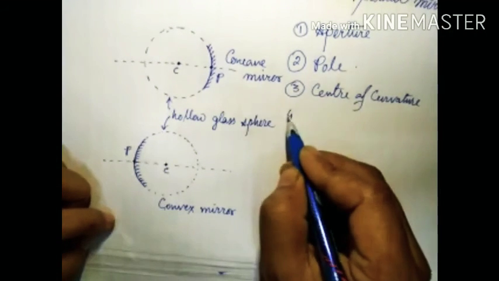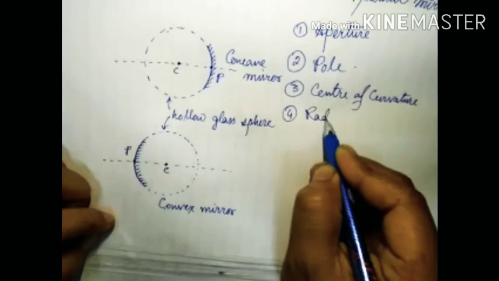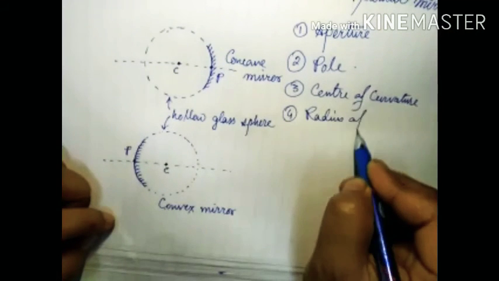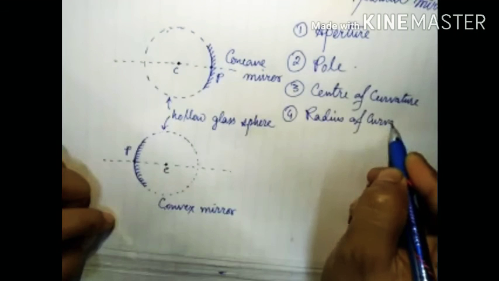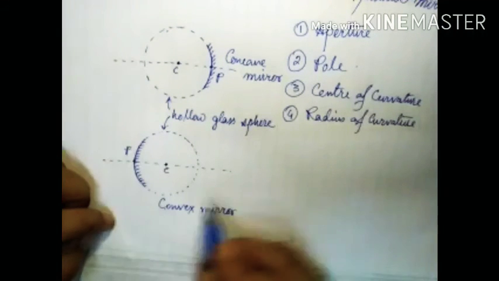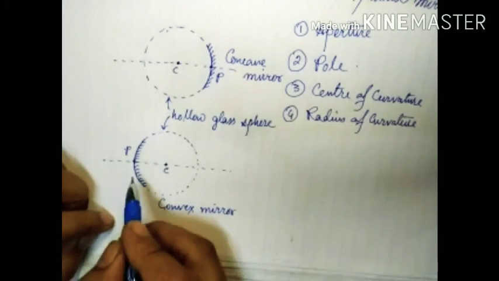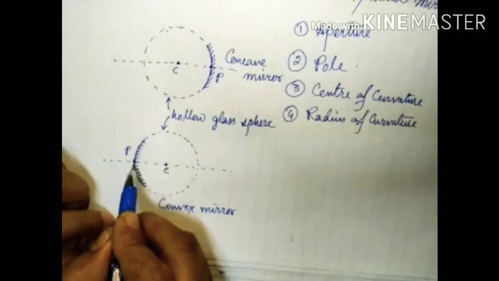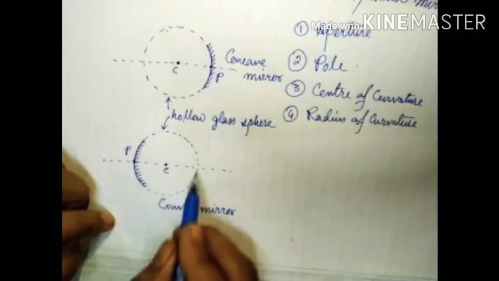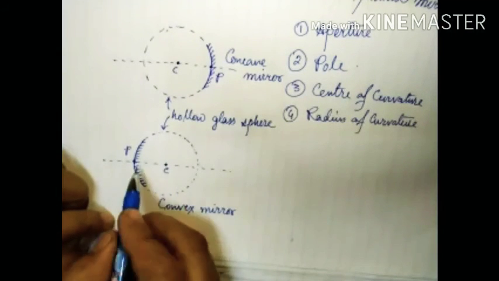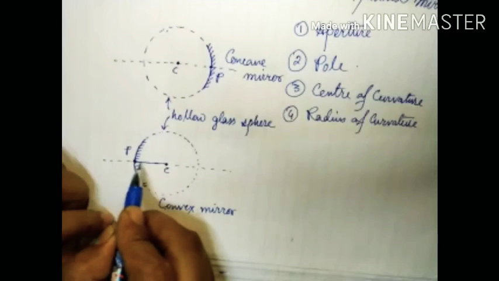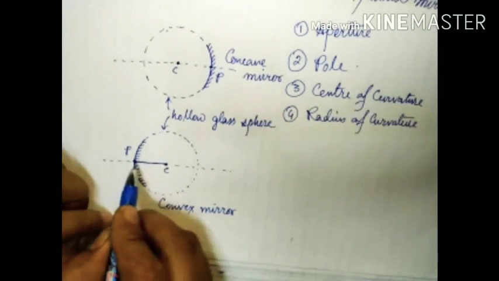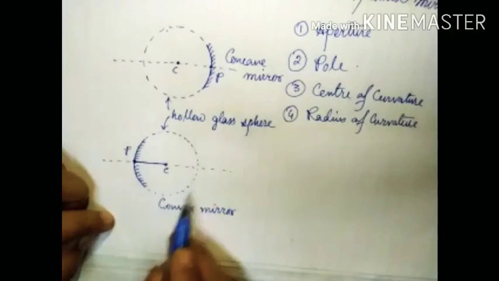Next is the radius of curvature. See, this is the convex mirror and this is a part of this hollow sphere. This hollow sphere has a radius, and the CP distance is the radius. So this is the radius of curvature of this convex mirror.